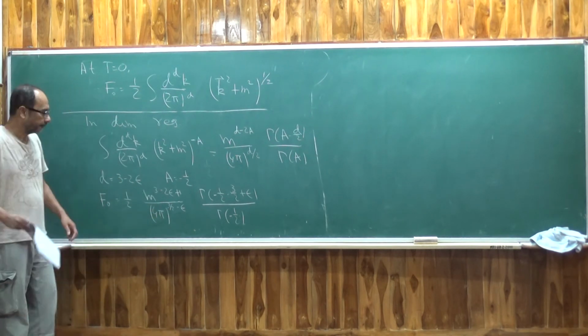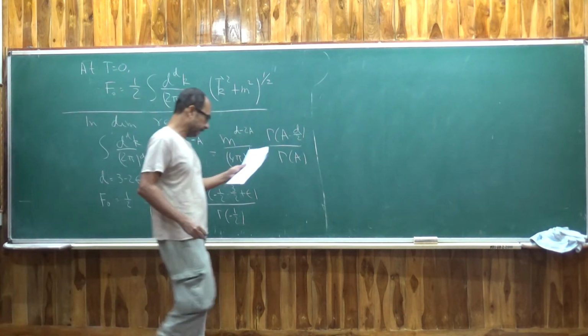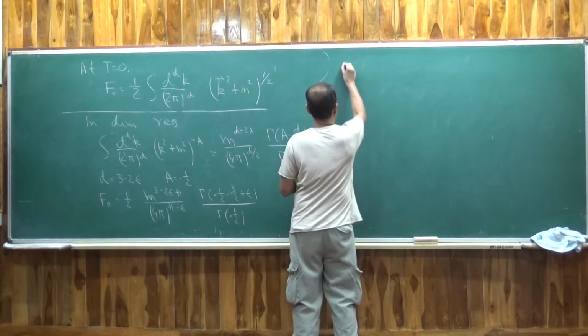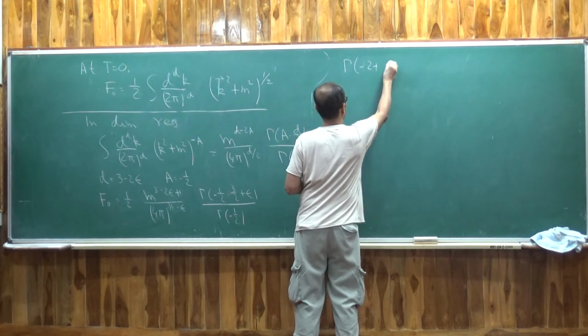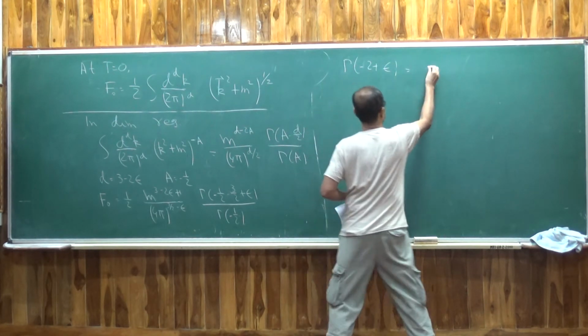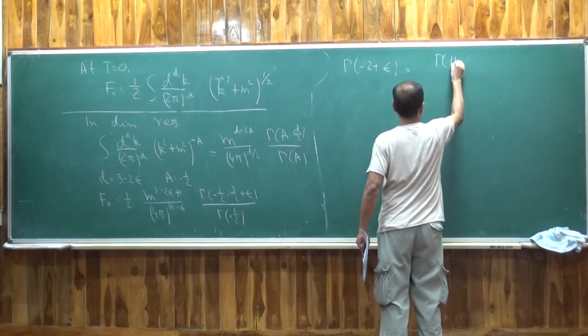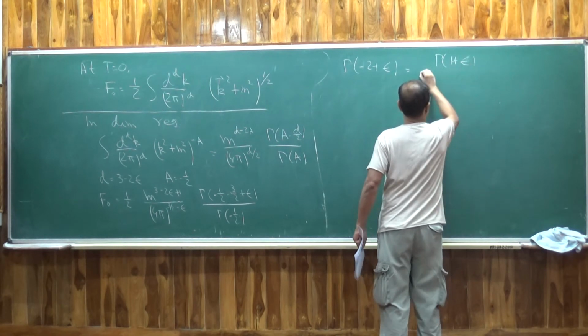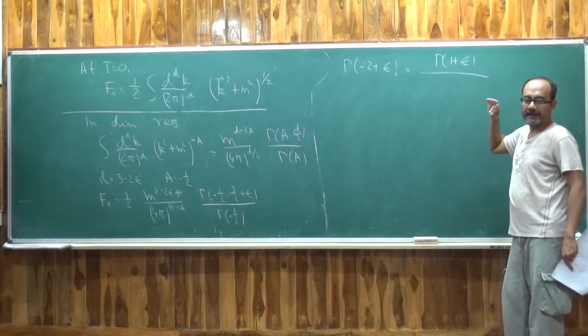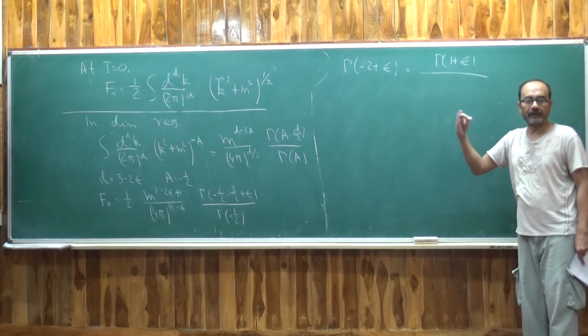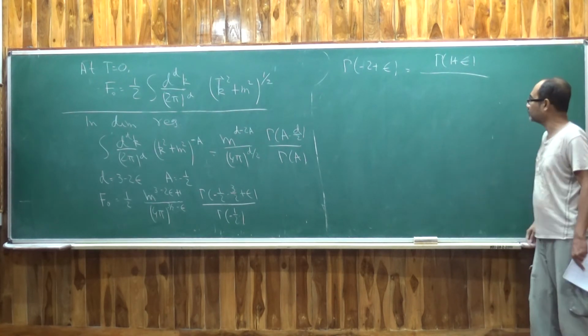Right. So the way we manipulate this is that we write gamma of minus 2 plus epsilon in terms of gamma of 1 plus epsilon. You have gamma of x equal to x minus 1 times gamma of x minus 1. That's the formula used.